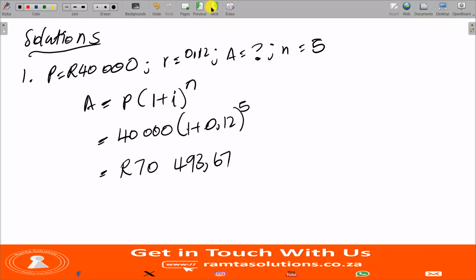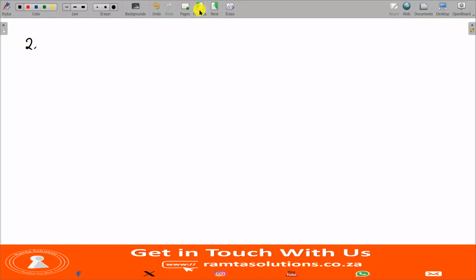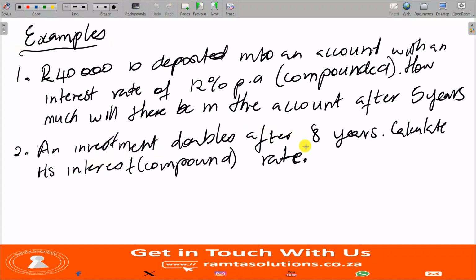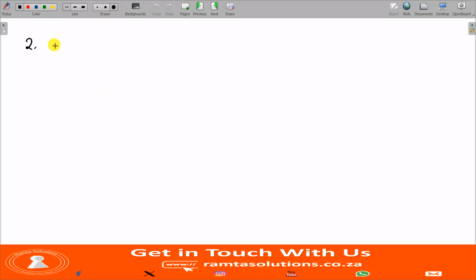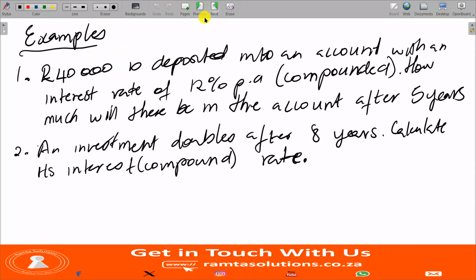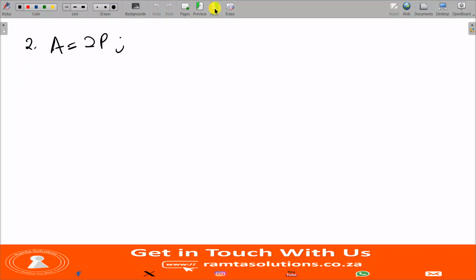Okay, let's check example number 2. An investment doubles after 8 years. Calculate the interest rate. So, for it to double, it doesn't matter if you say A is equal to 2P, because you are investing any amount. Even if you don't put a value of P, it doesn't matter. A is equal to 2P. We are looking for i, and then n is 8 years.